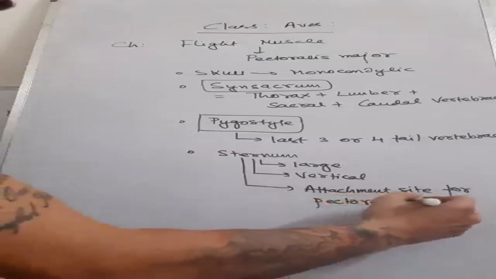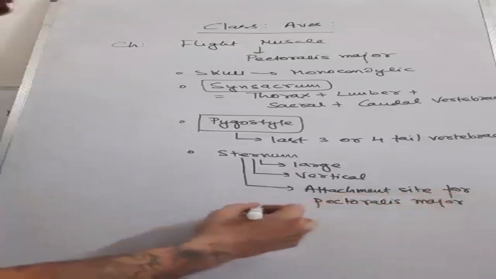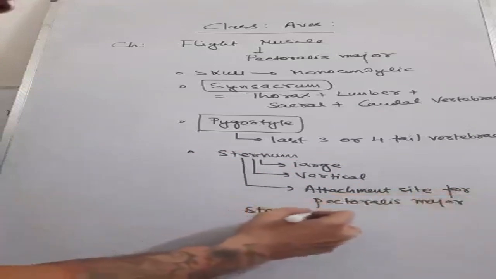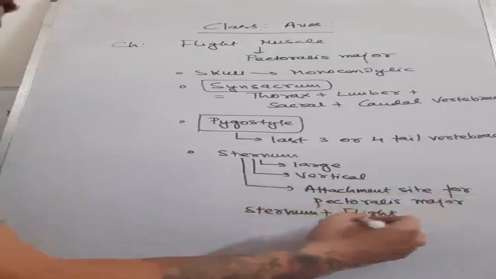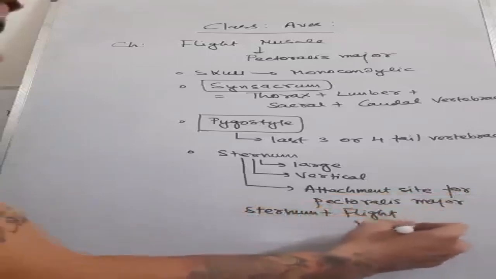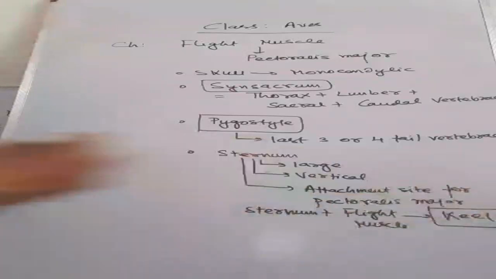That is their flight muscle. So when the sternum and their flight muscle join, it gives rise to a structure which is known as keel. Sternum with their flight muscle is known as keel.